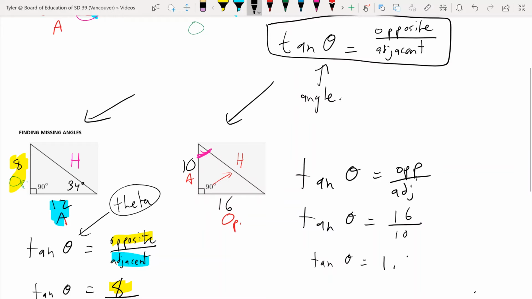That gives me 1.6. Then I have to do the inverse tan on 1.6, and it gives me about 58 degrees. So that angle right there is 58 degrees, and that's all it asked me to find.